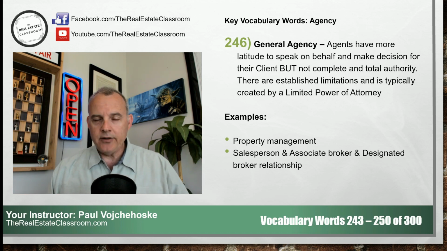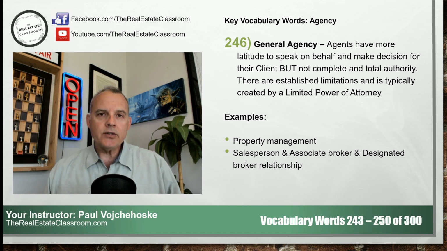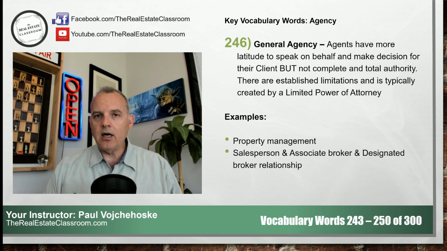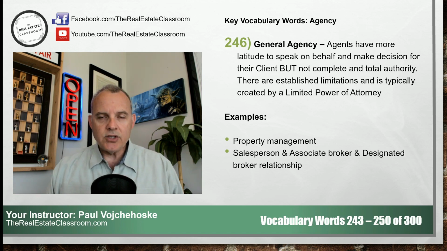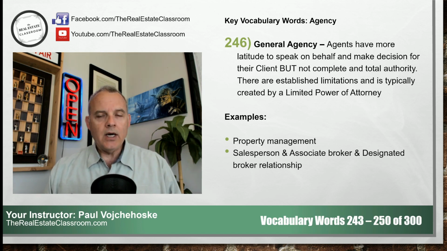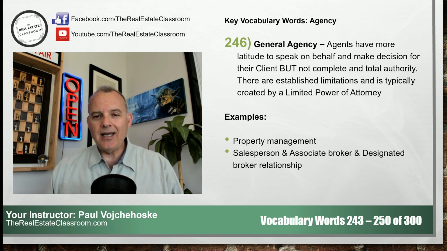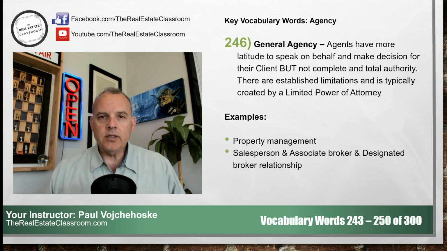They are negotiating the terms, they are negotiating the commission amount, and then they're going to sign that listing contract. Well, they're signing that listing contract on behalf of that designated broker. And in reality, most designated brokers put certain limitations on what that listing agent can and can't negotiate, what that salesperson or associate broker can and can't negotiate with the seller. That is general agency.